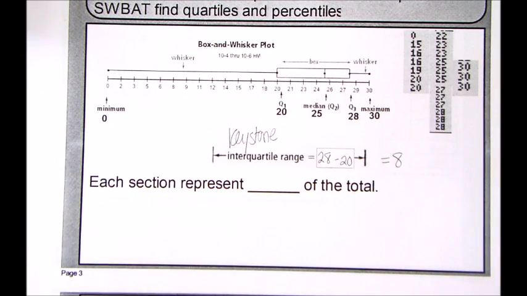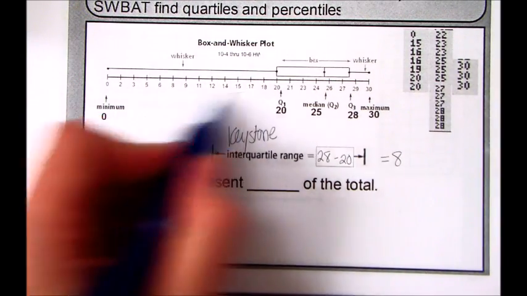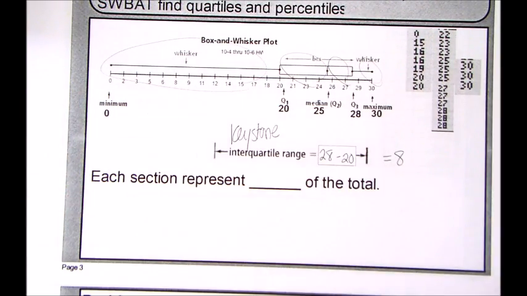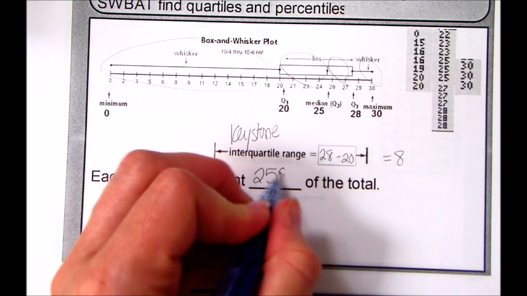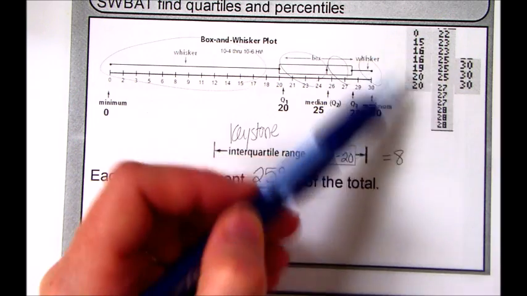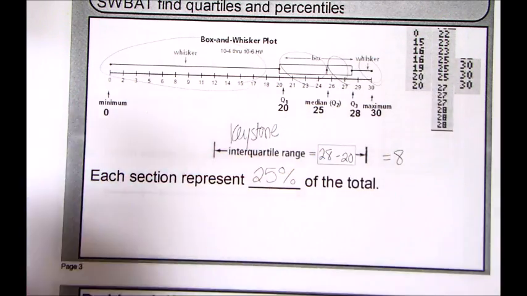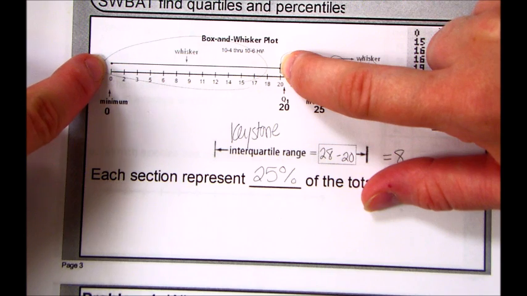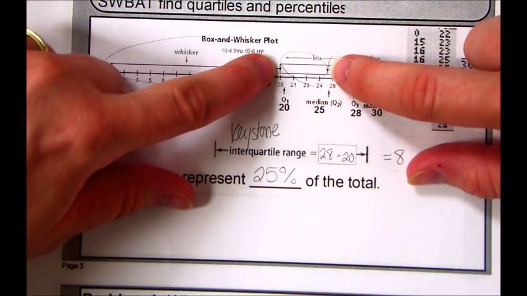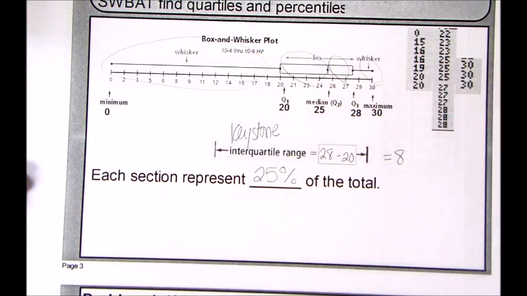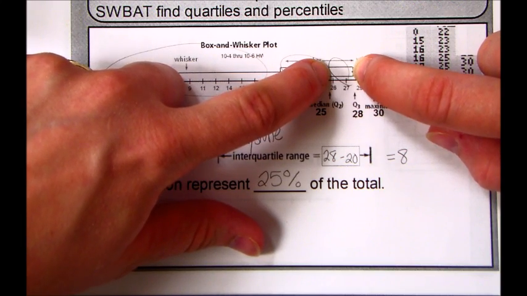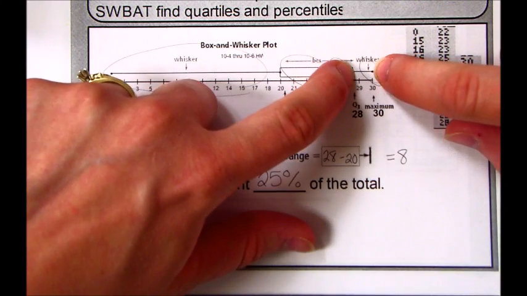Now I want to explain this a little bit. Each of these sections, can you see how there's 1, 2, 3, 4 sections? Each of those 4 sections represents 25% of the total. 25% of these numbers fall between my fingers. 25% of these numbers fall between my fingers. 25% of these numbers falls here, and the top 25% of the class falls within here.